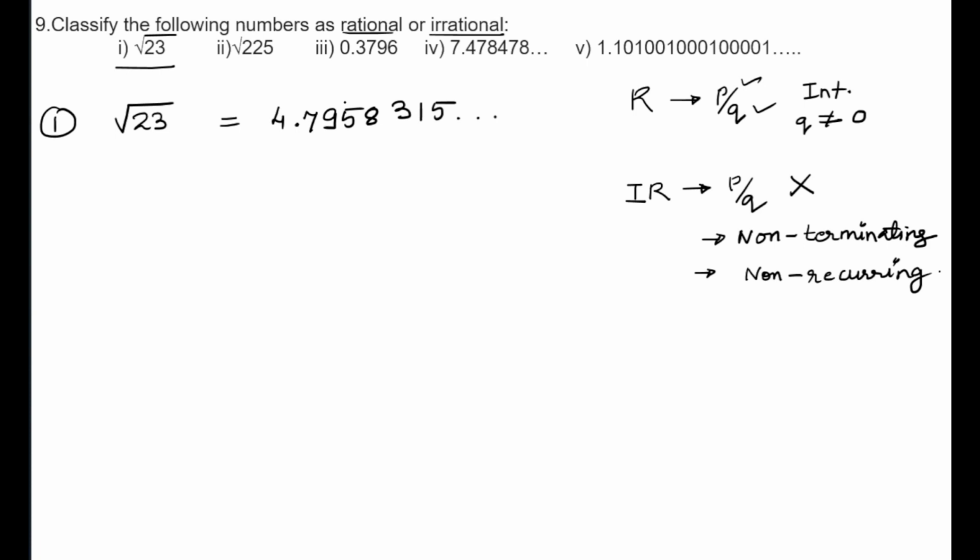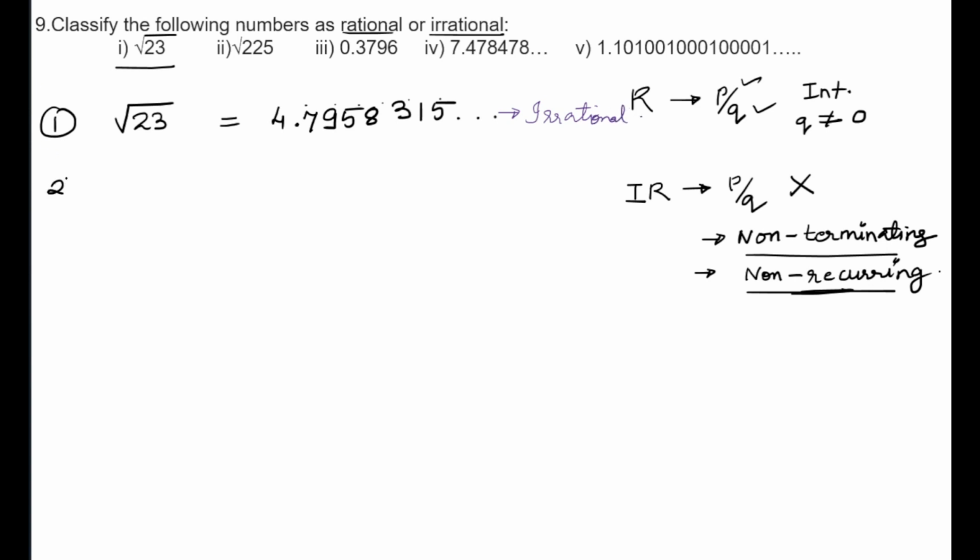And if you check here, it is non-terminating, and the digits are not repeating themselves either, right? So it means it is non-recurring too, correct? So we have classified the first number, root 23, to be an irrational number.